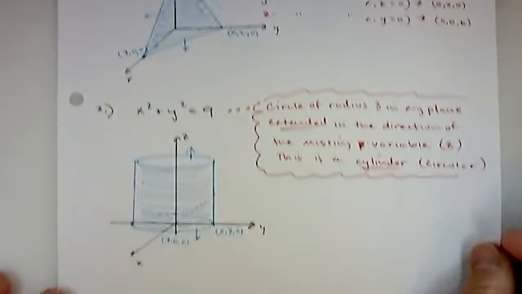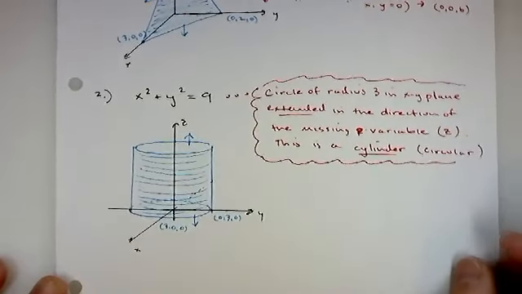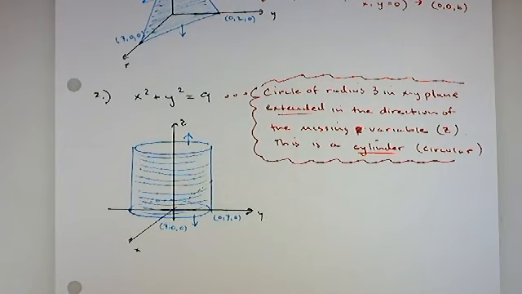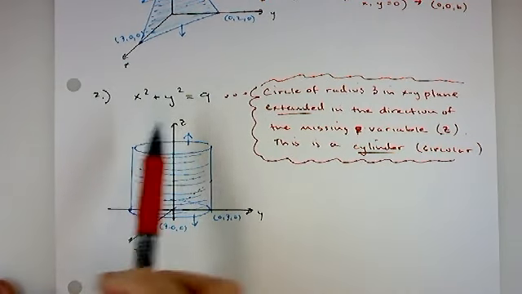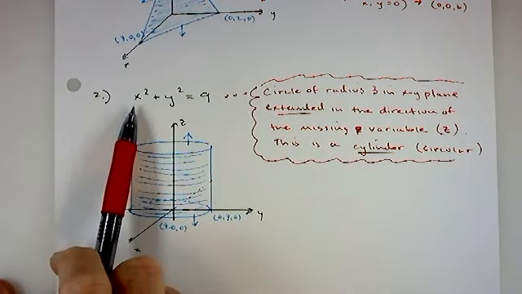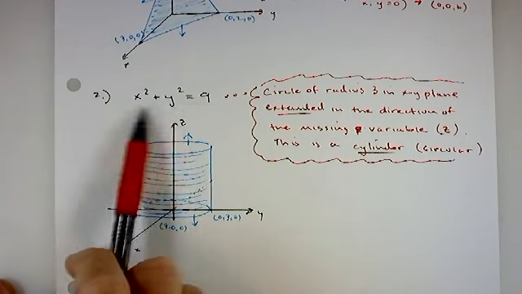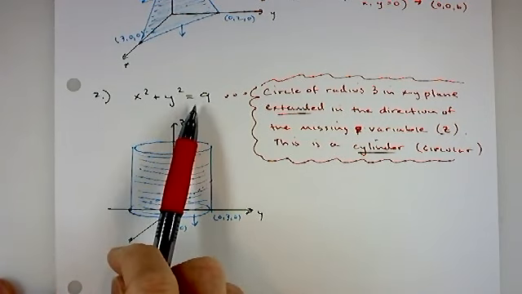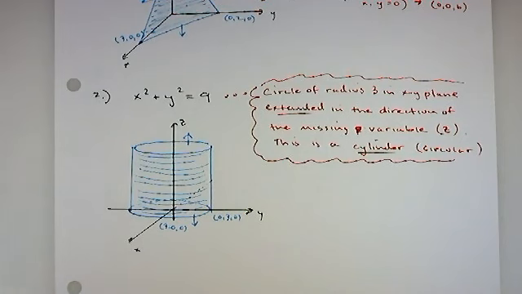Another idea that we looked at in 17B is the idea of a cylinder. Not necessarily a circular cylinder, but I'm going to start with that. So in three-dimensional graphing, x squared plus y squared equals 9 has the form of a circle in two-dimensional graphing.